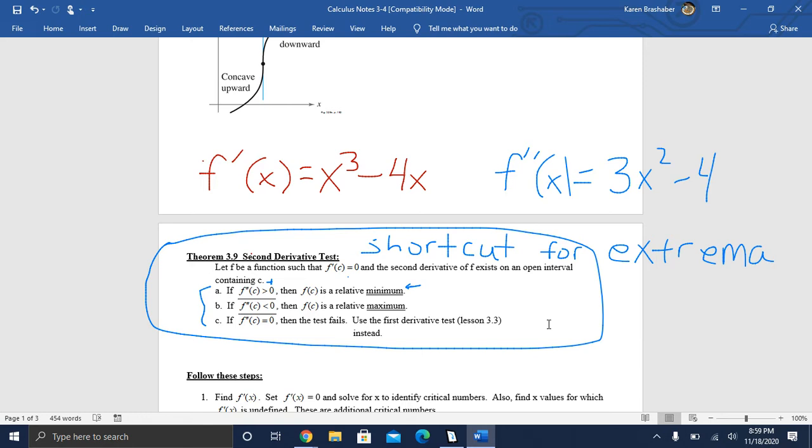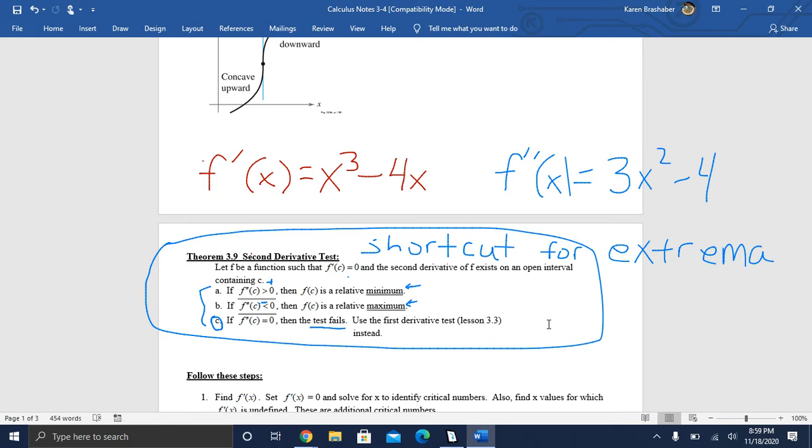If f double prime is negative, as in that second row, then you have a relative max. And then this is the one you need to remember. If f double prime is 0, then the test fails. And you would have to go back and use a chart as what we did in our quiz that we just took the other day.